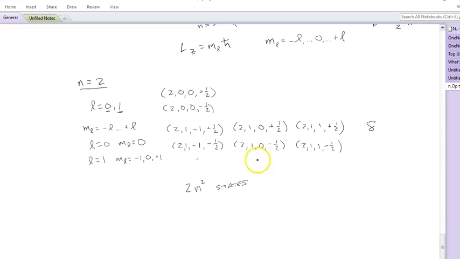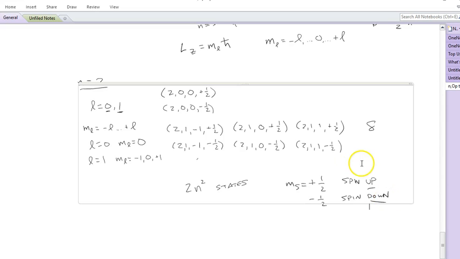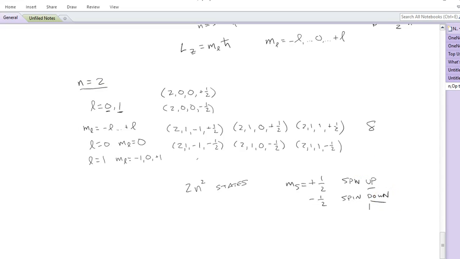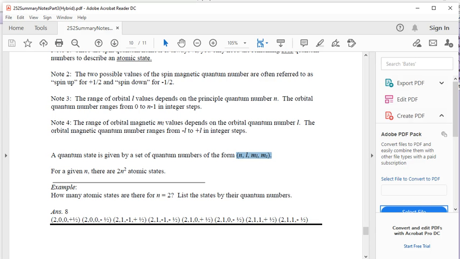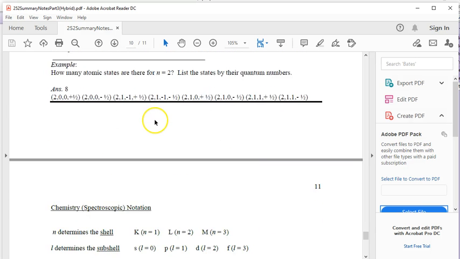If M sub S is 1/2, this is sometimes known as the spin up state. If M sub S is minus 1/2, this is known as the spin down state. I know you guys have heard that terminology before.